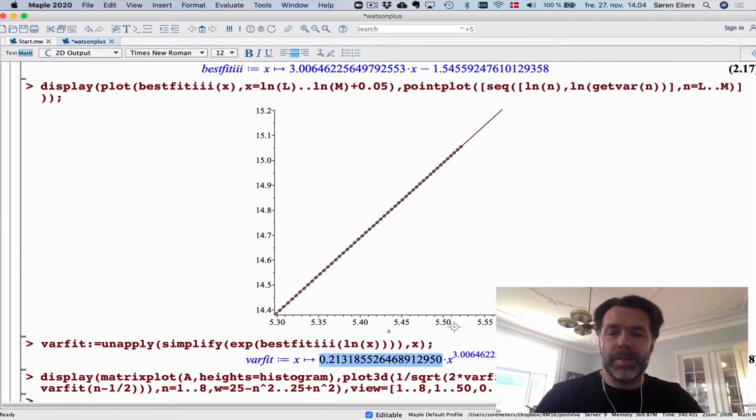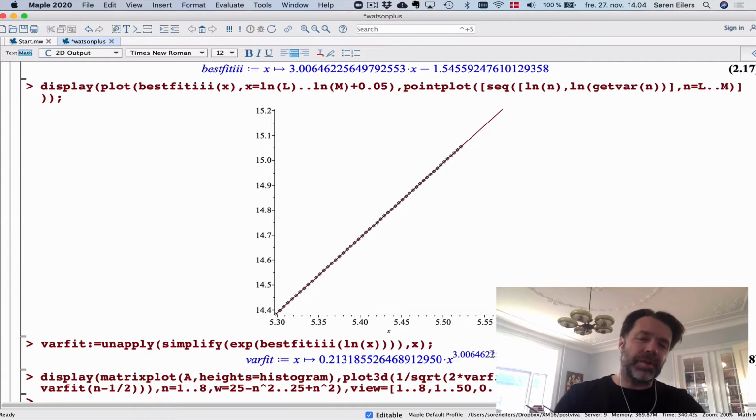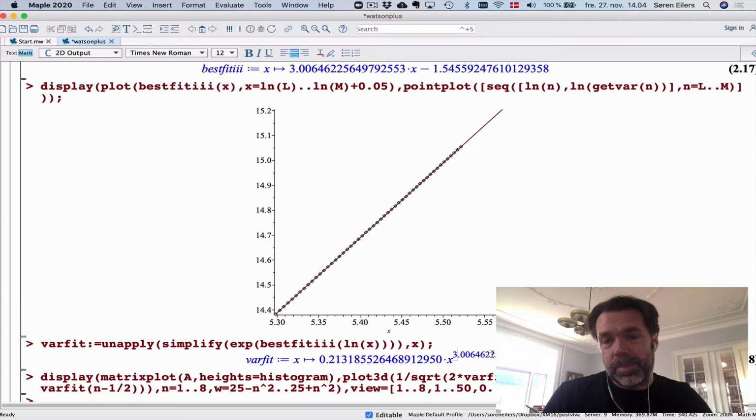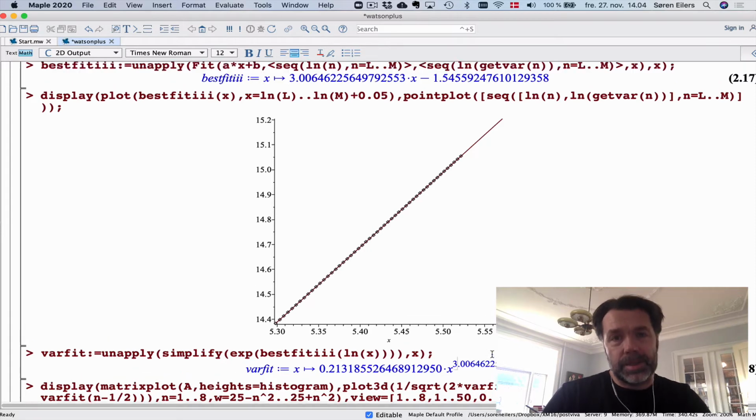But the point is that the power of x that I'm getting is a number that looks an awful lot like 3. So it's tempting to make the assertion that, in fact, the variance grows like x to the cube, where x is the number of bricks in the original setting.